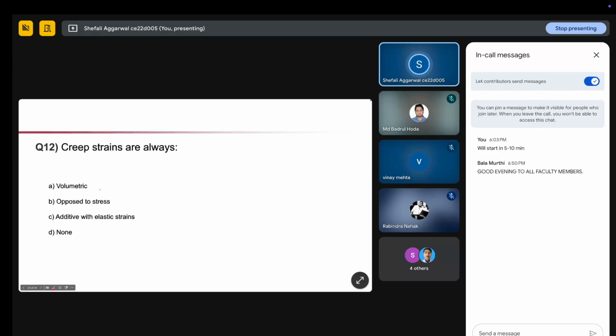Creep strains are always volumetric, opposed to stress, additive with elastic strains, or none of the above? B, actually it's additive with elastic strain. We were discussing that it will be in the direction of your stress only, and it will be additive with the elastic strains. Let me confirm it.